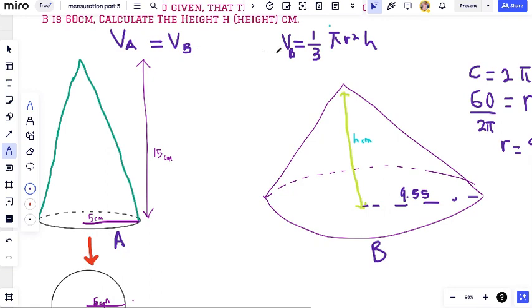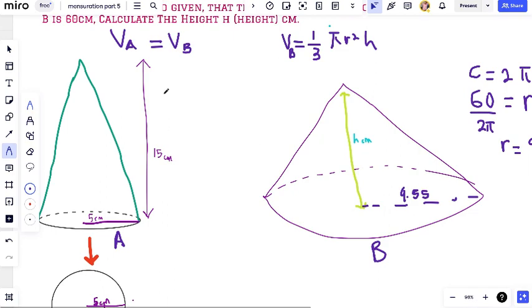We say VA equals VB, then we use VB to find H by making H the subject, because we've already got the radius of this one.